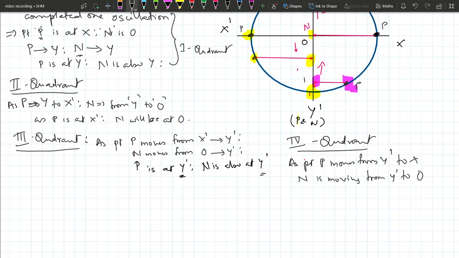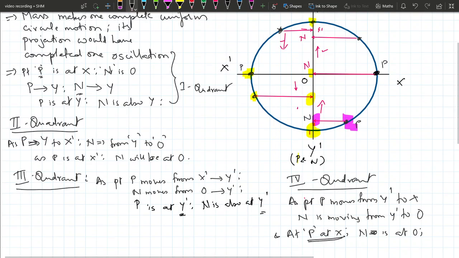And exactly at X, whenever the point P is at X, the projection will come back to the origin O. So when the point P reaches the position X, the projection would have come back to the point N.